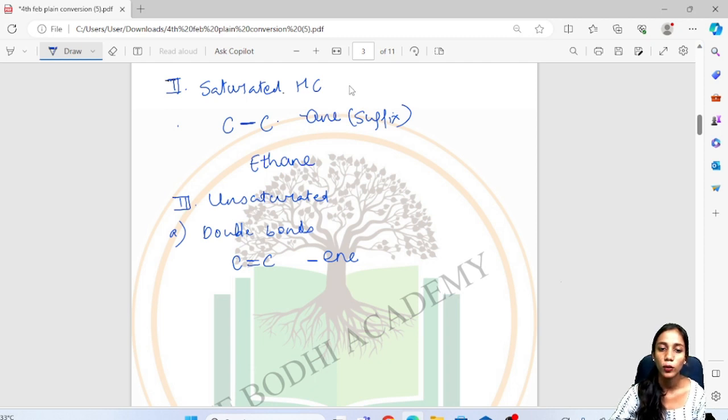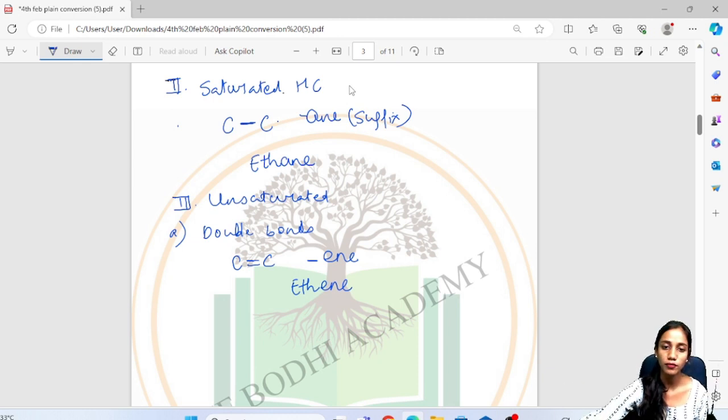Now over here we know that there are two carbon atoms, so the first letters will be E, T, H, and then because there is a double bond over here, you make it ENE. So the name of the carbon compound is ethene.